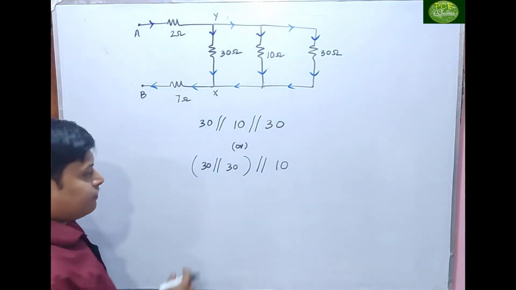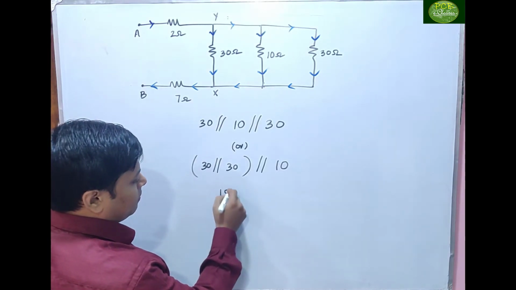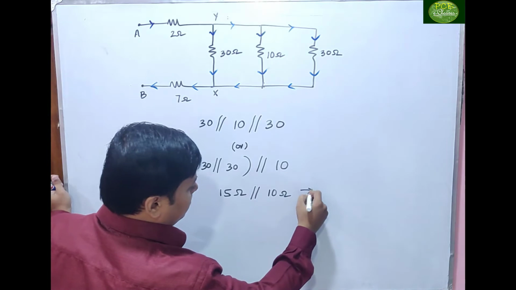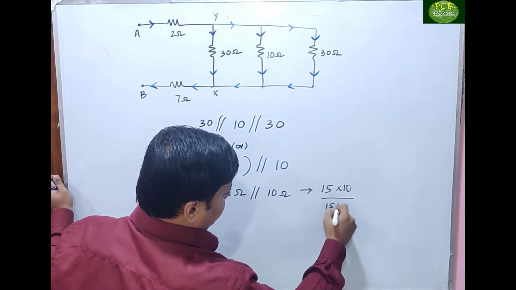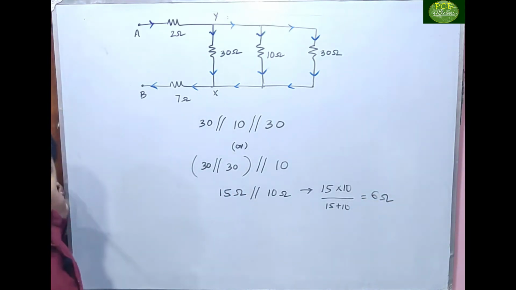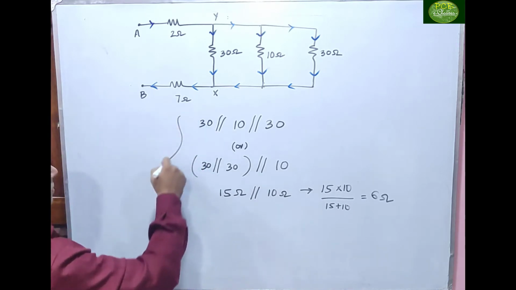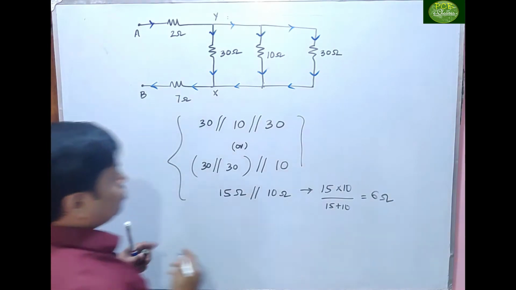That will be the easier one. 30 ohm parallel with 30 ohm will be 15 ohm, parallel with 10 ohm, which implies 15 into 10 divided by 15 plus 10, which approaches 6 ohm. Fine. So what is the answer of it? This 30 ohm, 10 ohm and 30 ohm parallel, 6 ohm I am getting.